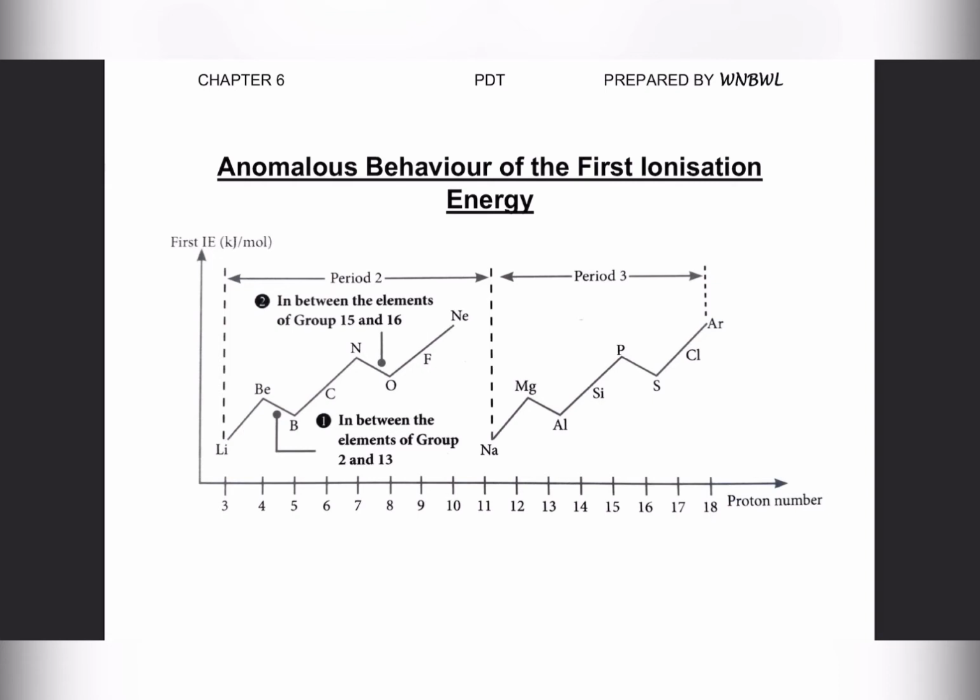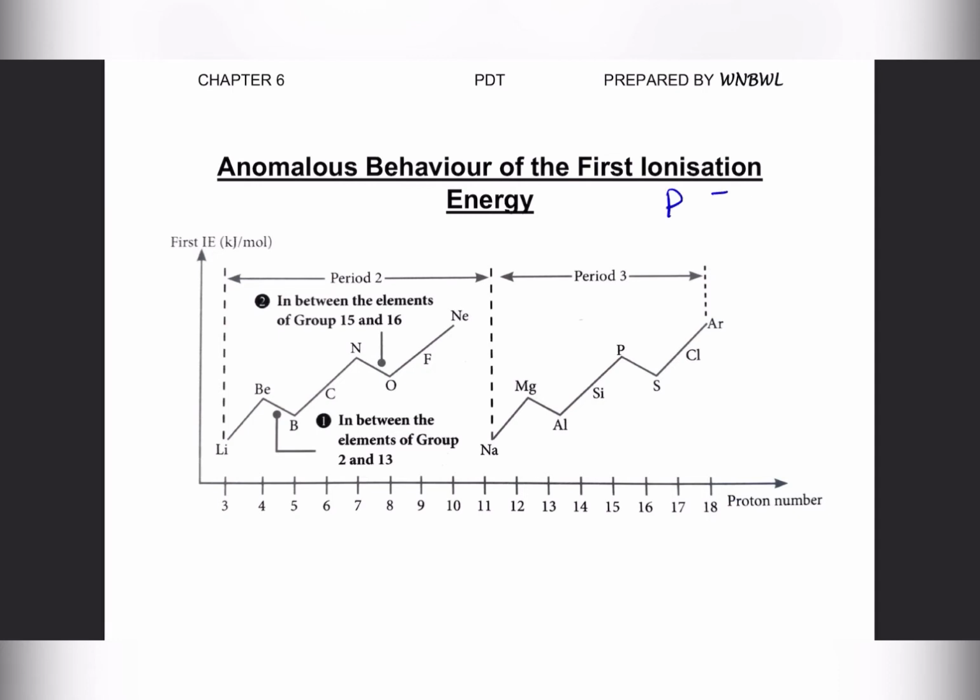So in this case, I'm going to explain to you about the anomalous behavior for selected elements across period 2 and period 3. Basically, when we want to describe the size of elements across period 2 and period 3, we will use the factor effective nuclear charge, where the acronym is going to be PISAs.